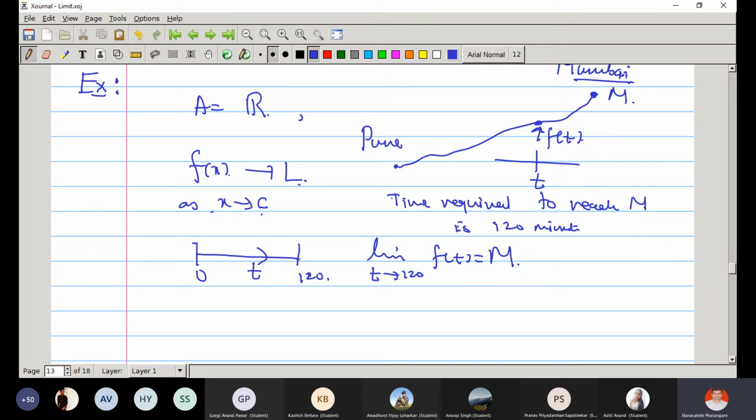How will you prove this? Suppose some person is asking you to prove it.